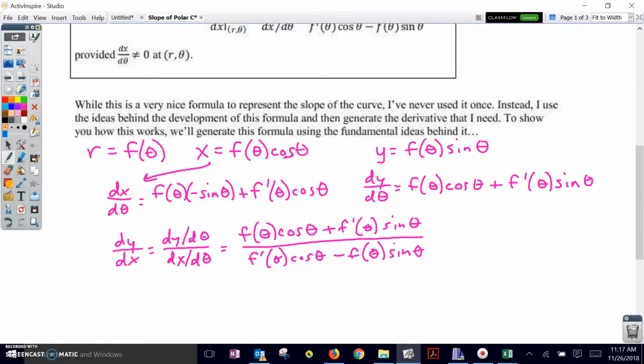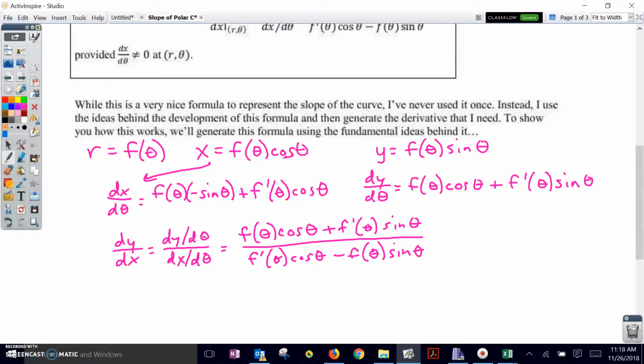Like I said, if you want to memorize that formula and use it, feel free to. I just basically every time start with my x and my y based off of my curve r equals f of theta and find dy dx accordingly.